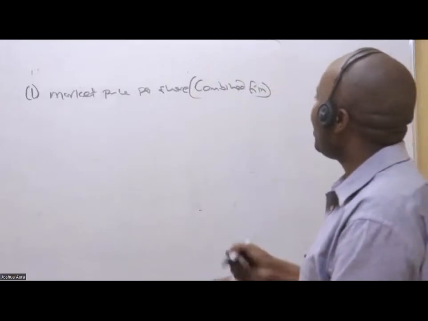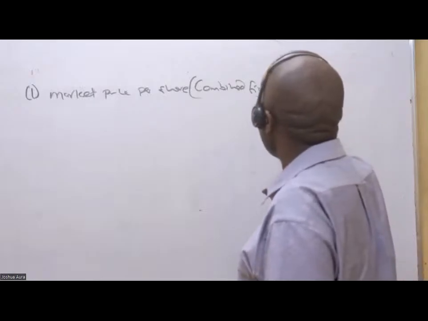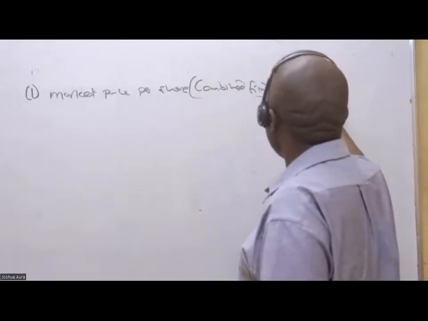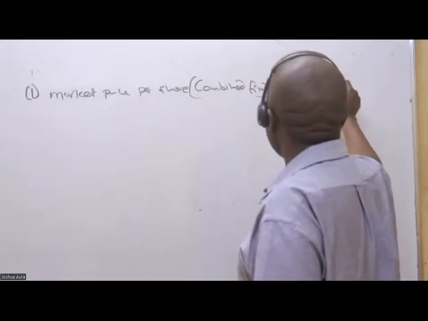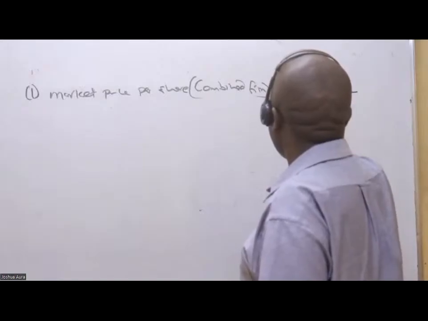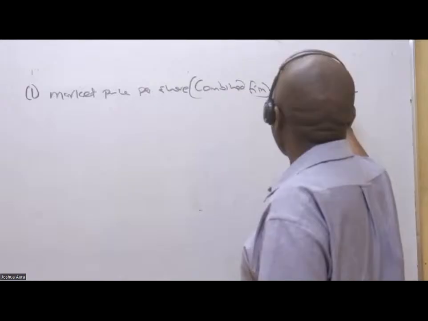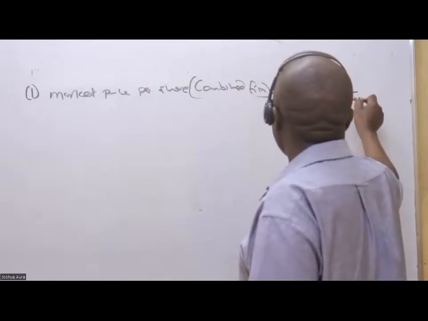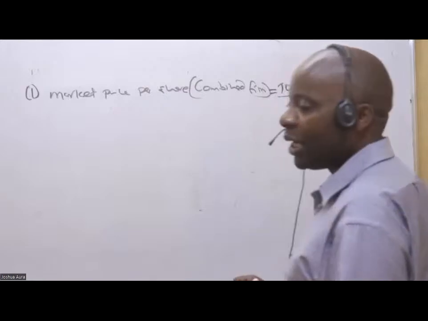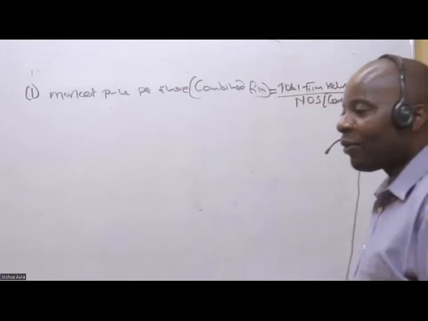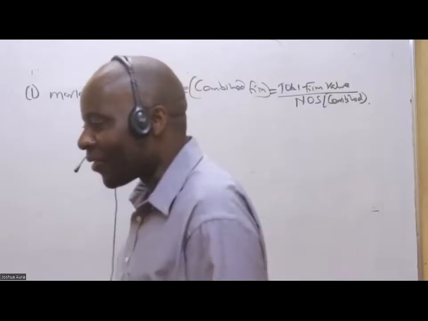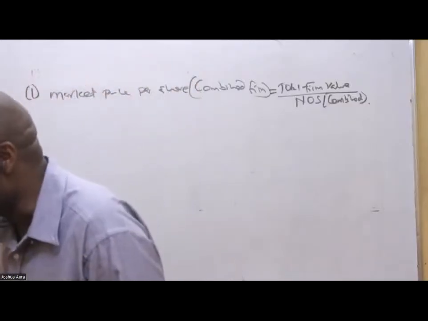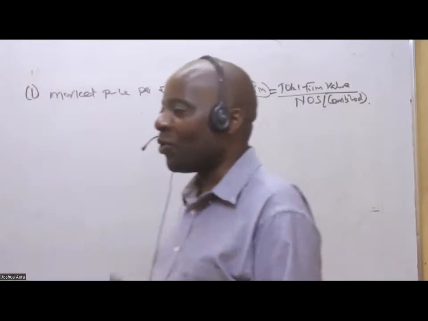This one here will be the total firm value over the total combined number of ordinary shares.